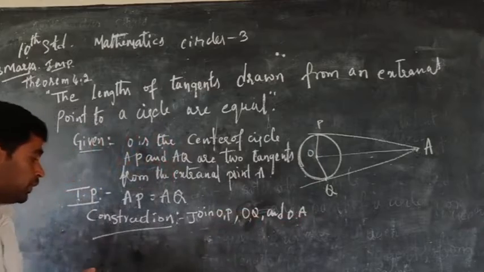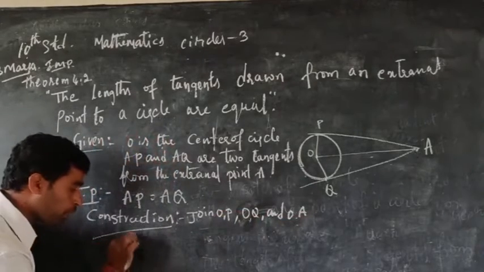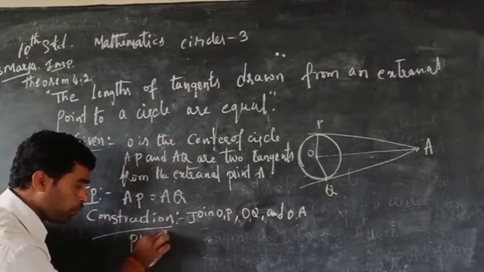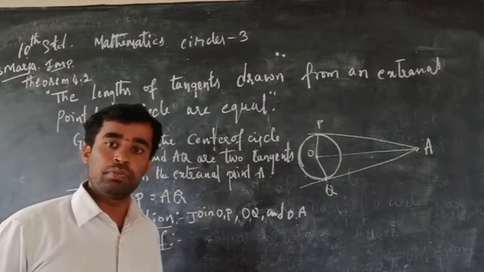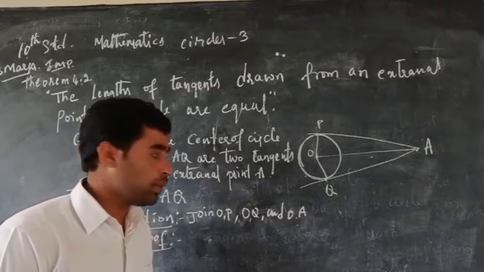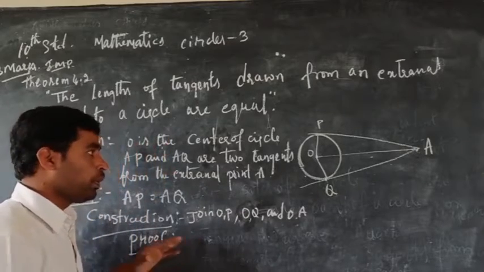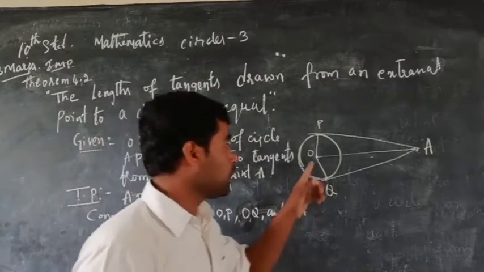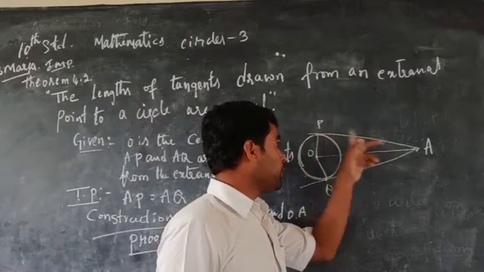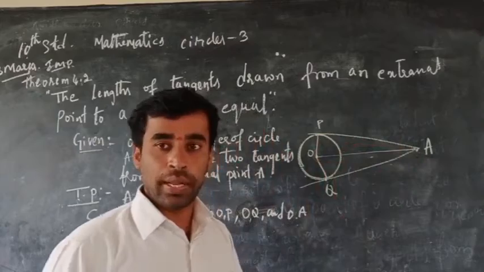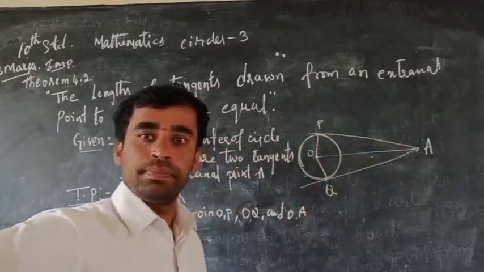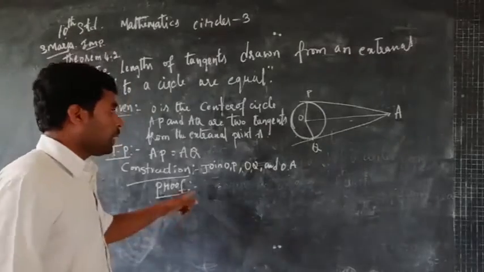Now after this construction, come to the proof. It's a very simple proof, for 3 marks, and very compulsory for the exam. See, come to the proof. We have to take the 2 triangles. One is OPA and the other is OQA.